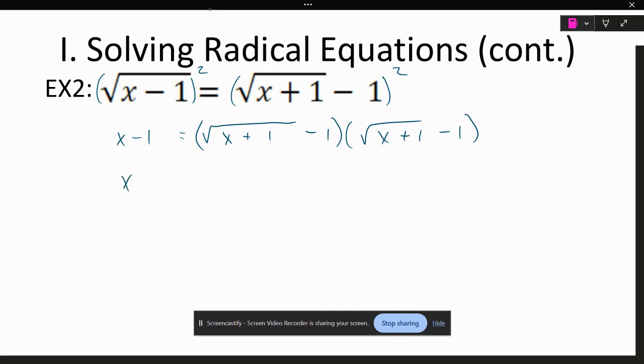So I have x minus 1 on the one side, but I have x plus 1. And then my outside 2, so -1 times the square root of x plus 1. And then my inside, which is -1 times the square root of x plus 1. And then -1 times -1 becomes +1.